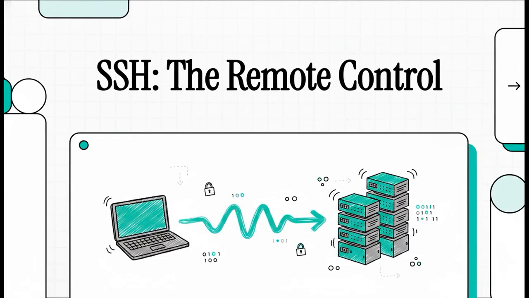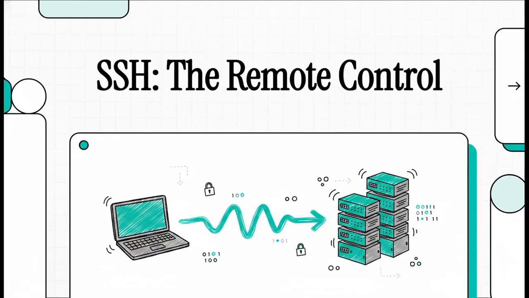Right, and that actually highlights a really critical point about its architecture. SSH is completely agnostic to the compute power of the machine. Wait, meaning it doesn't care if it's a tiny computer or a massive server? Exactly. Whether it's that lightweight ARM processor in your Raspberry Pi or a massive multi-node cluster in an Amazon data center, the protocol functions identically. Oh, that's really cool. You're basically establishing a secure, encrypted tunnel over the public internet, which is inherently insecure.